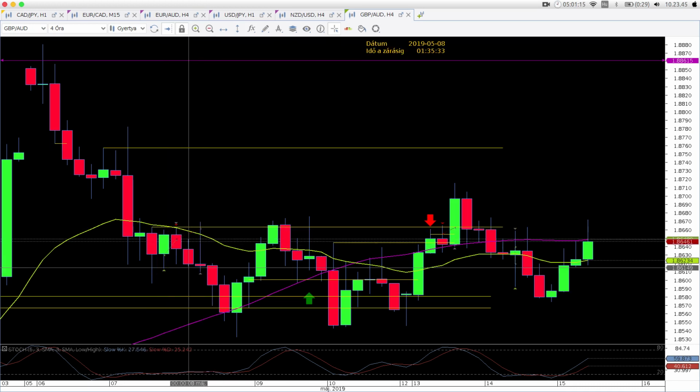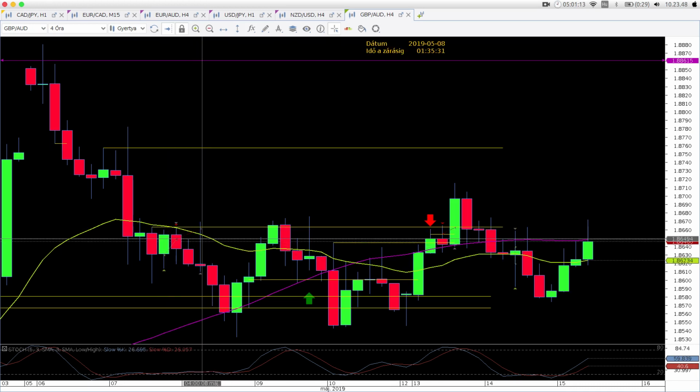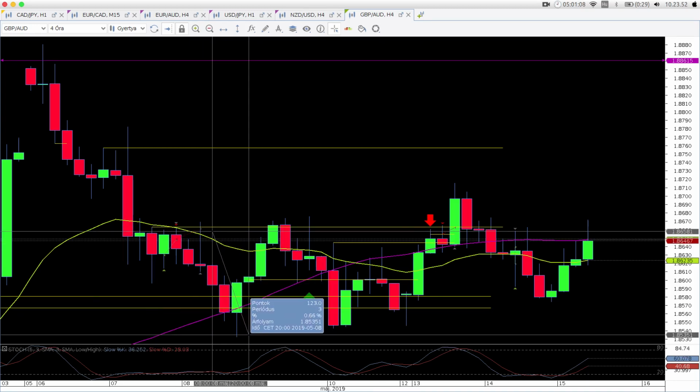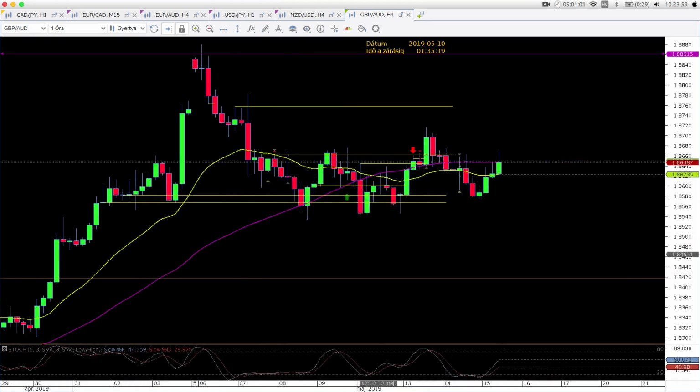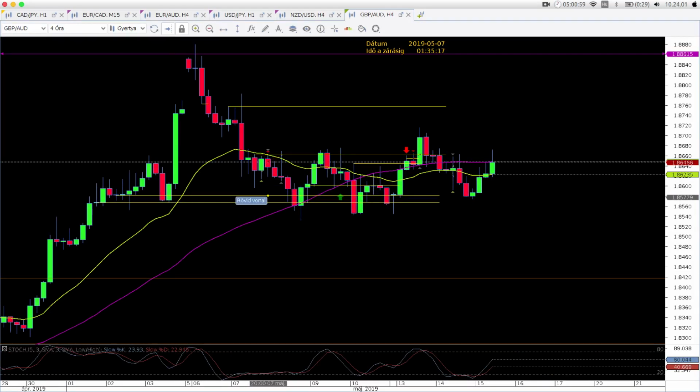Then the next candle, the second and third candle, just kicked me out and the price went in my direction 13 pips. It was a big pain in the ass. My target point was in that range, so I was a bit angry.